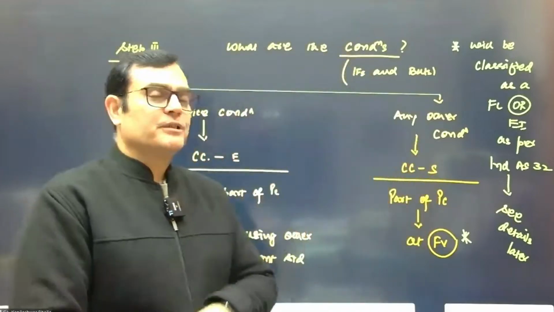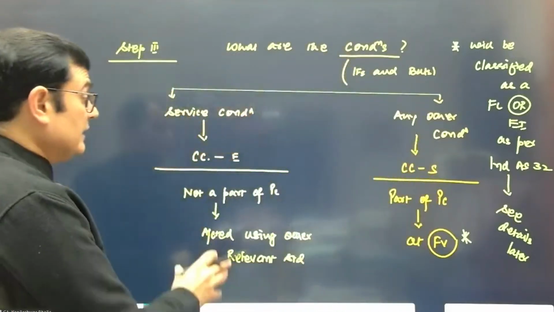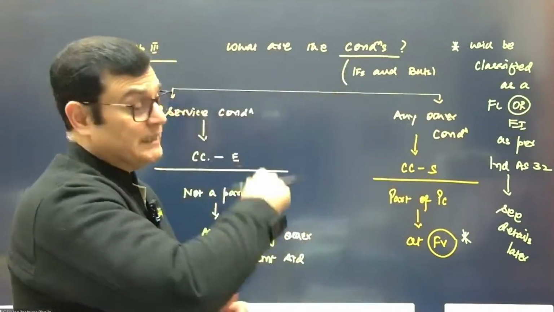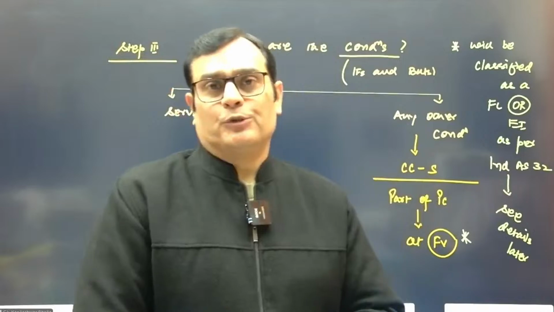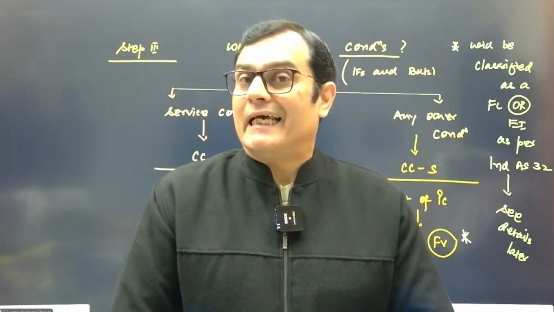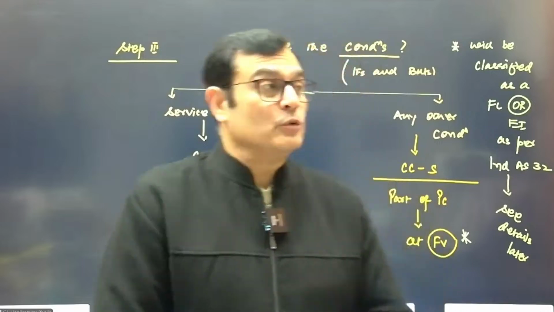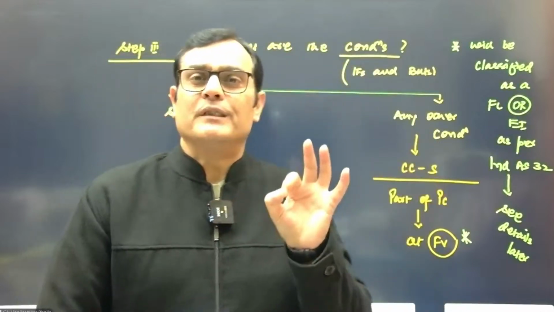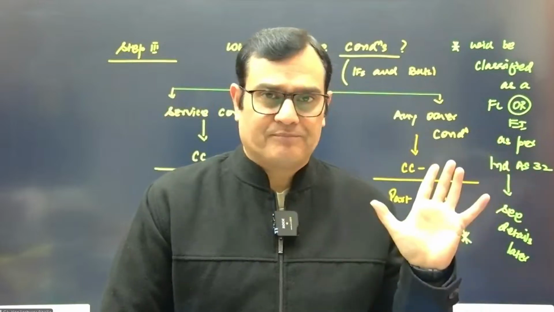And if it is another condition, it is CCS. CCE is not a part of PC, but CCS is a part of the PC at a fair value. And you also need to remember that this is to be presented in the balance sheet as a financial liability or equity instrument, depending on the parameters of Ind AS 32, which we will discuss shortly.